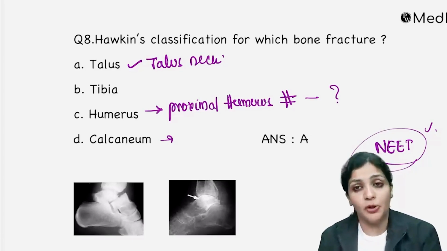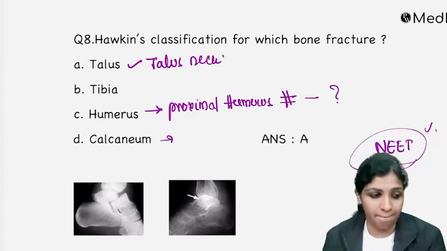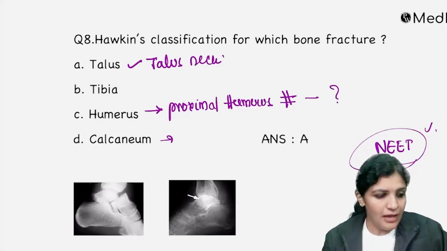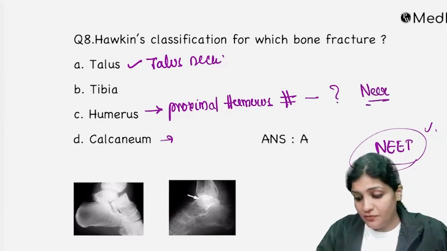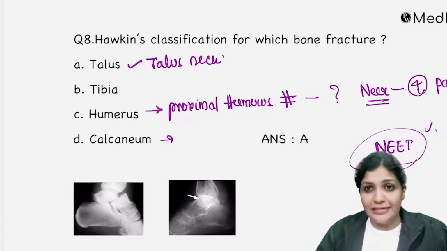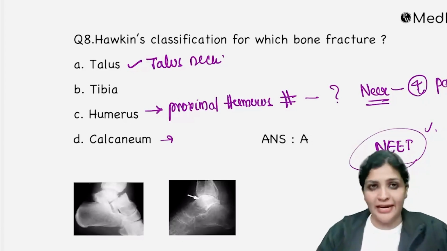Now tell me, the proximal humerus fracture is classified based upon which classification? Very good. It is Neer's classification, where it is divided into 4 parts: the greater tuberosity, the lesser tuberosity, the head and the shaft. So that is the classification.